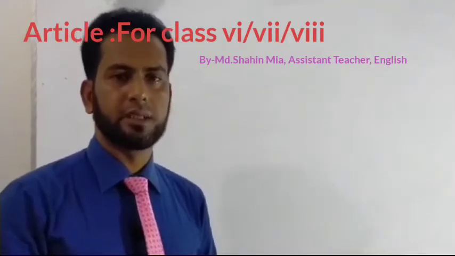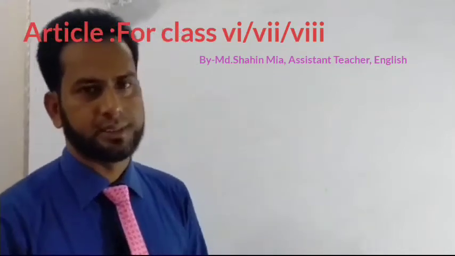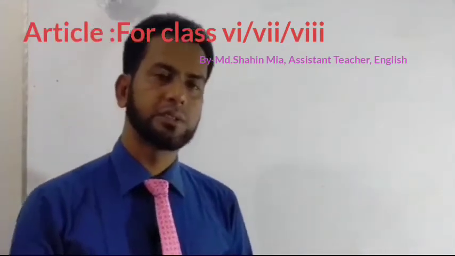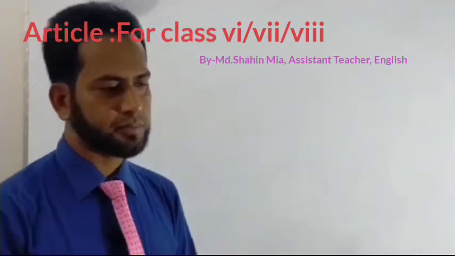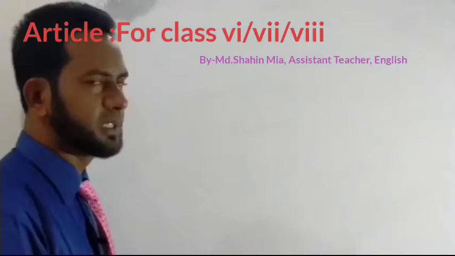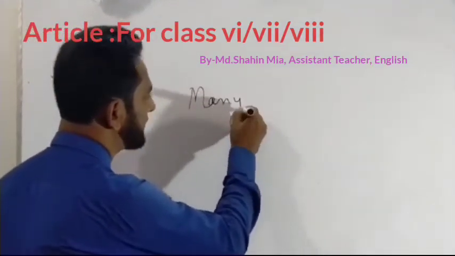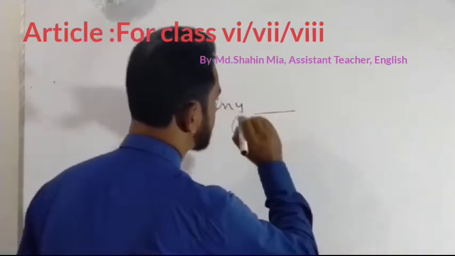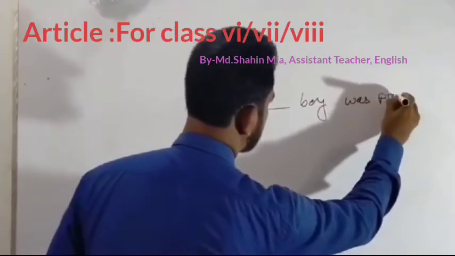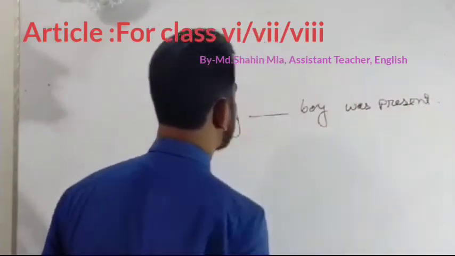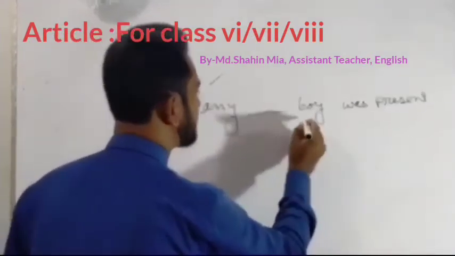In English sentences sometimes we find two words, many and such. If we get a singular noun after the two words many and such, here we can use article a. Example, many a boy was present. Here look at many, then a, and boy.